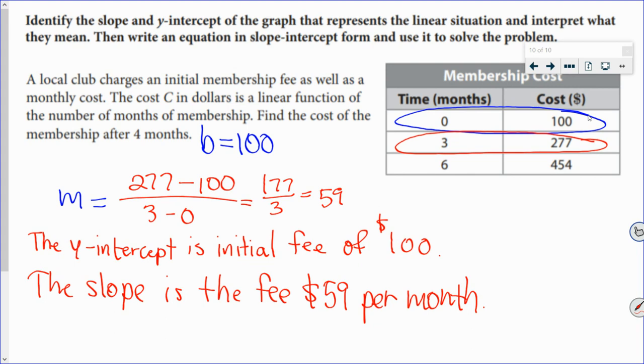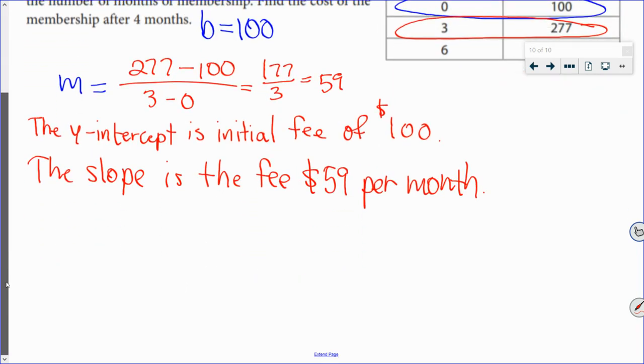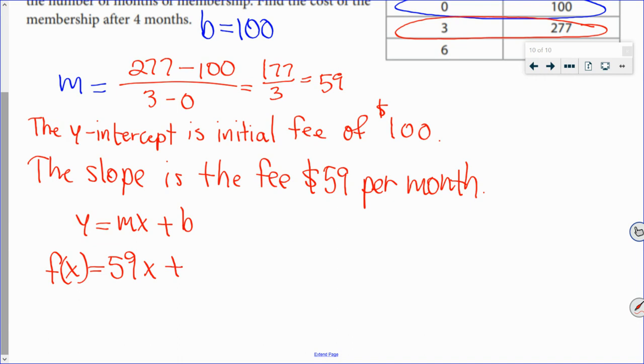So it asked for me to find the membership fee after 4 months. Well, y equals mx plus b. I could say f of x equals 59x plus 100.